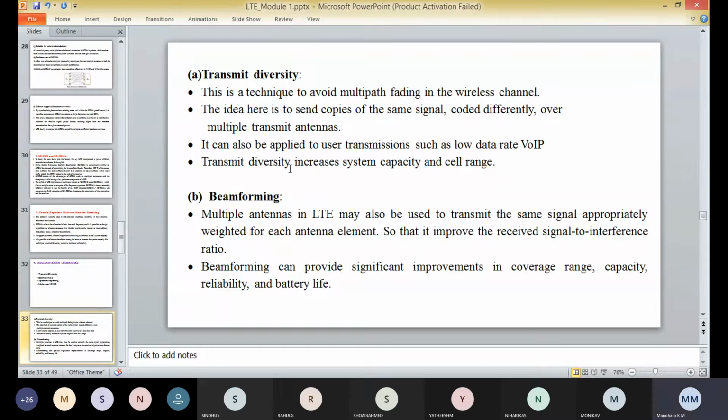This increases the coverage range, capacity and reliability, and the battery life also increases. Beamforming can be used in providing angular information for user tracking. LTE supports beamforming in the downlink.